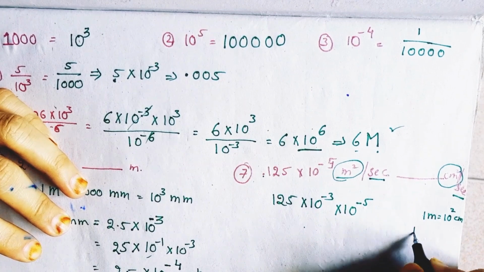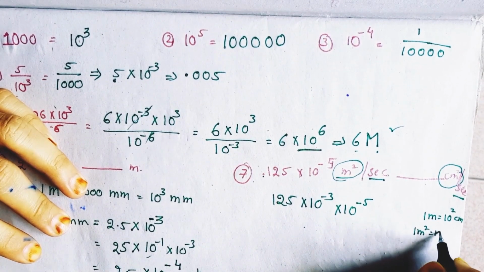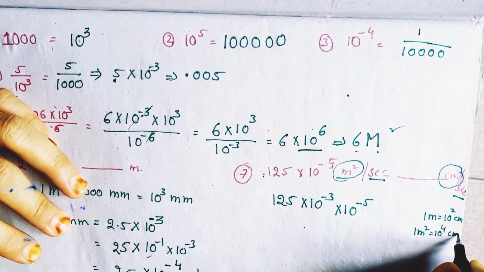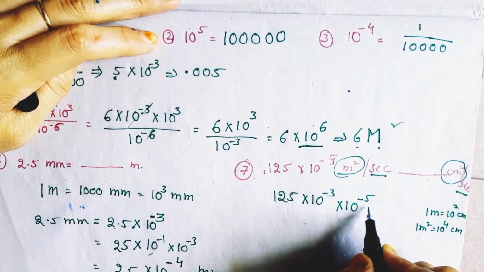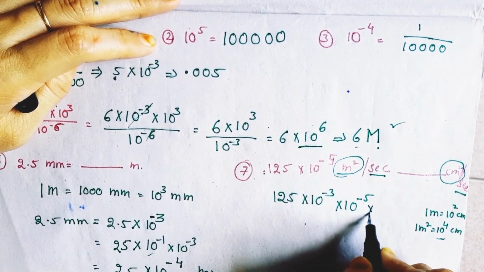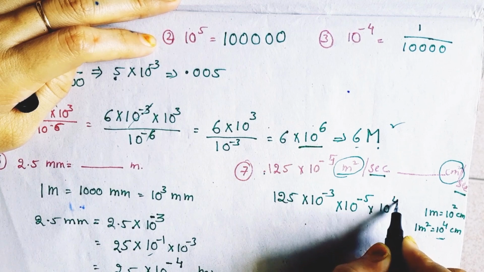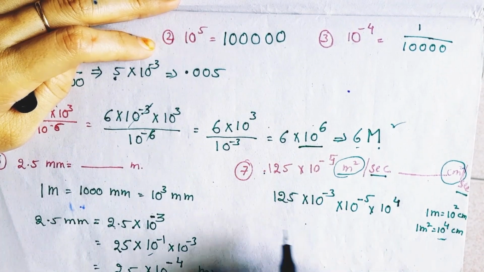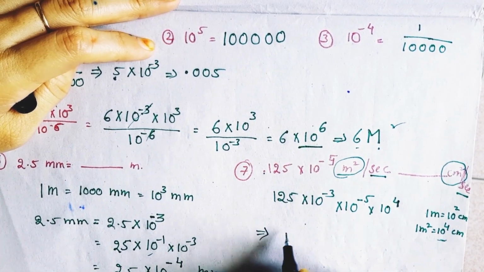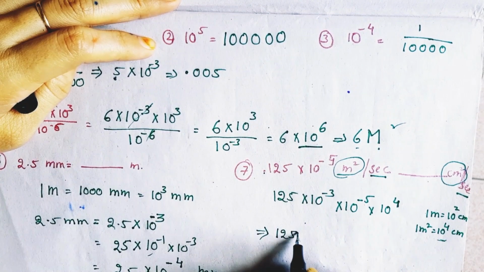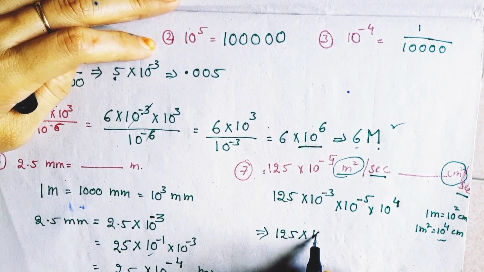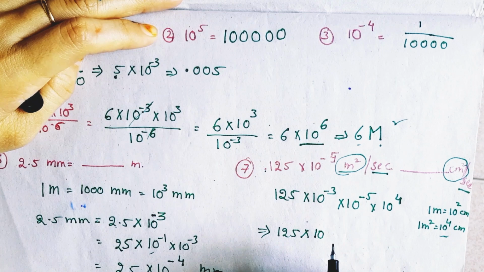But here meter square is given. 1 meter square equals 10 power 4 centimeter square. Okay. Now we'll write this 10 power 4 here. Now we'll solve it. That is 125 into, here observe, bases are equal, so we have to add the powers.